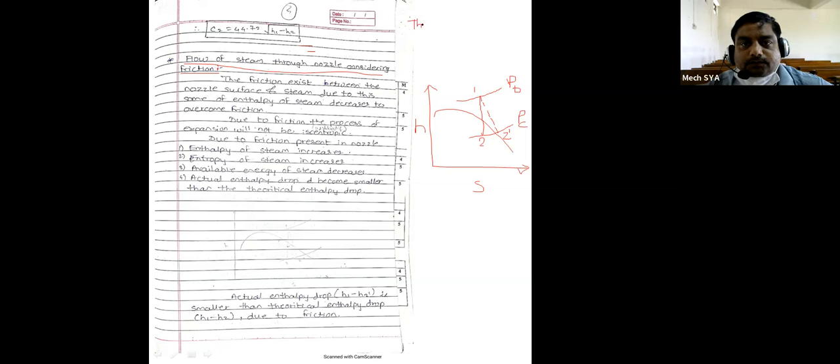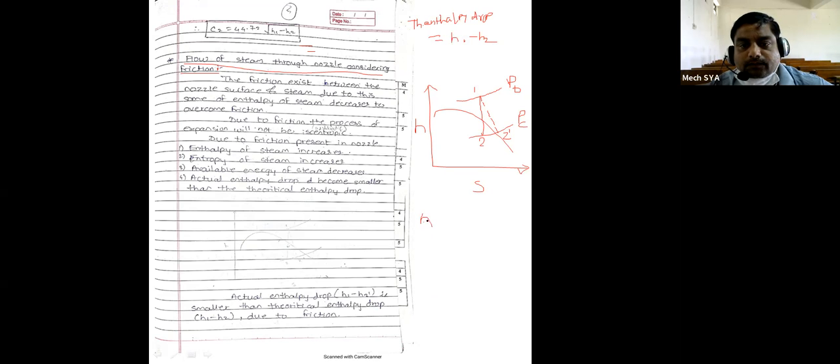Theoretical enthalpy drop, without friction, is equal to H1 minus H2. And the actual enthalpy drop due to friction will be what?